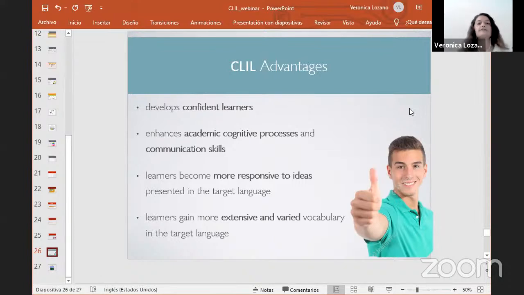And finally, learners gain more extensive and varied vocabulary in the target language. So this means that compared to general English, this would be a much richer English lesson.